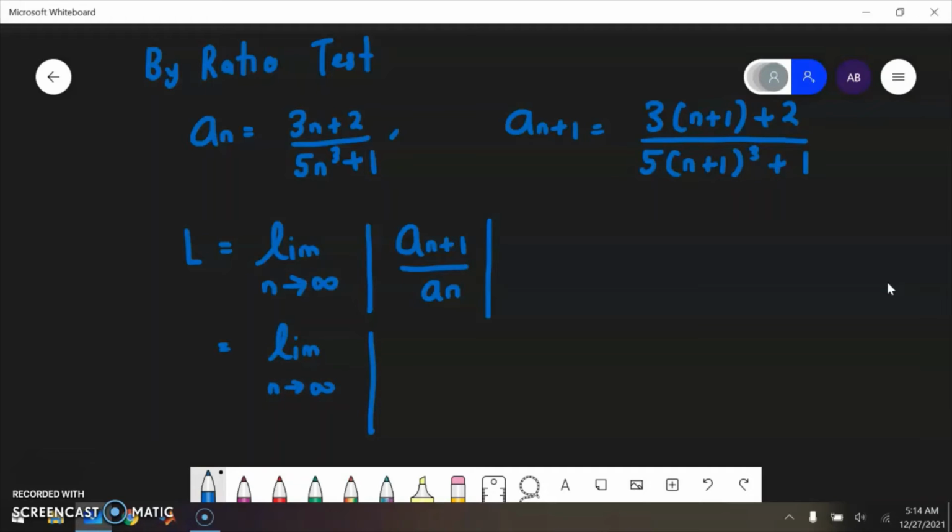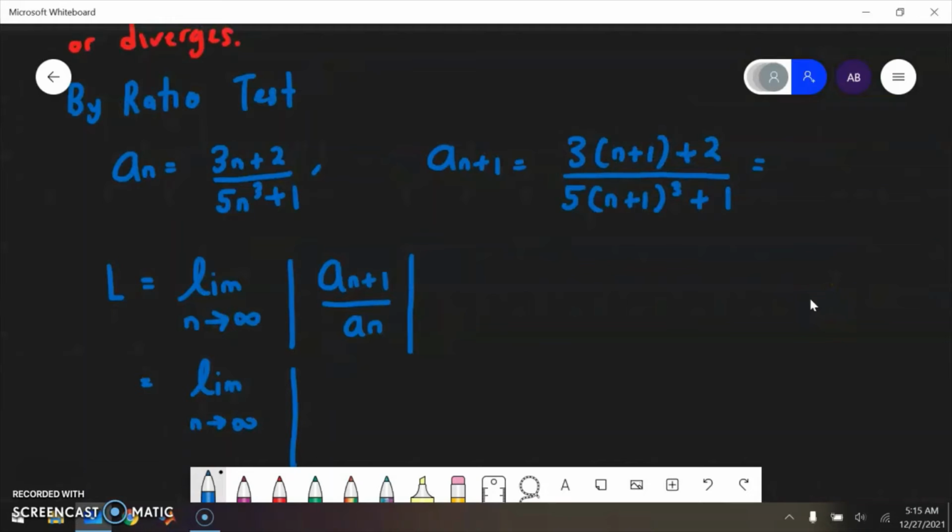So take this whole term here. You should have simplified it, so let me simplify this. You have 3n plus 3 plus 2, so 3n plus 5 over 5(n+1) cubed plus 1.